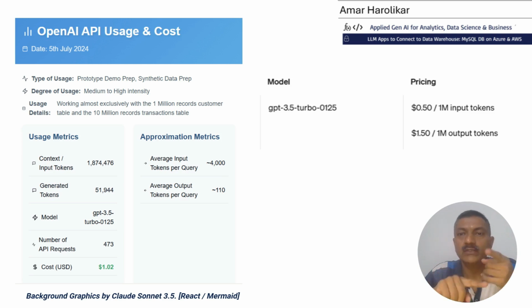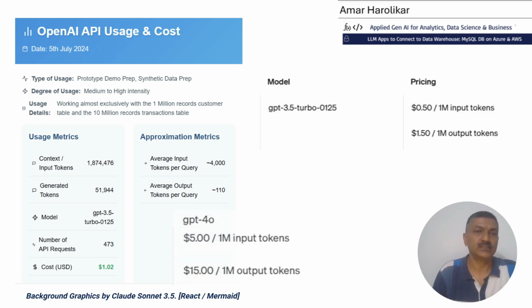So USD $1 for a day of work spanning 10 hours and around 470 queries, which was, I'll say, fairly intensive. Now, this was with GPT 3.5. Had I used GPT 4, it would have been exactly 10 times more, exactly $10, since the GPT 4 cost is 10x, right?